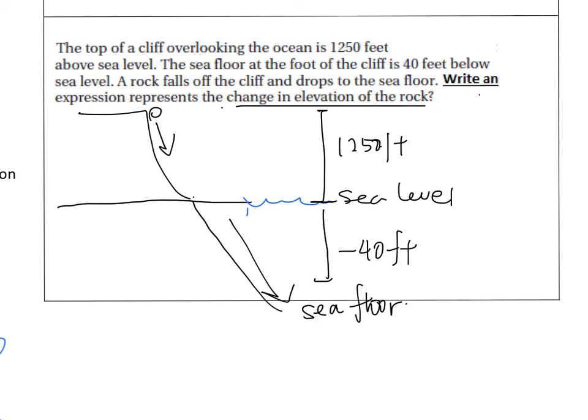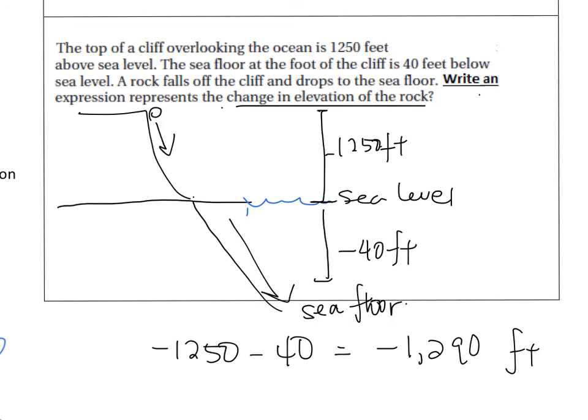So the rock already dropped 1,250 feet. So we need to represent that by negative 1,250. Okay, so we take negative 1,250 and we subtract 40 to get negative 1,290 feet below sea level.